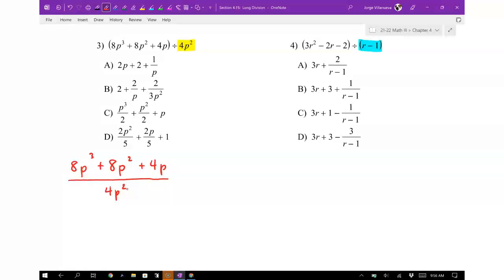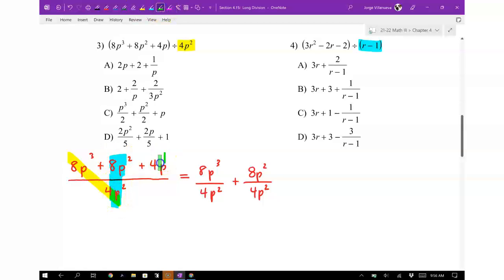Okay? So, this is going to be 8p cubed divided by 4p squared plus 8p squared divided by 4p squared. Notice I'm dividing these 2 terms, then these 2 terms, and then these 2 terms.